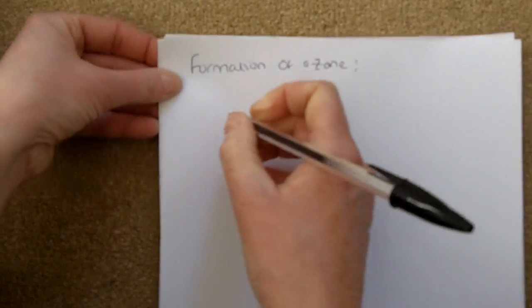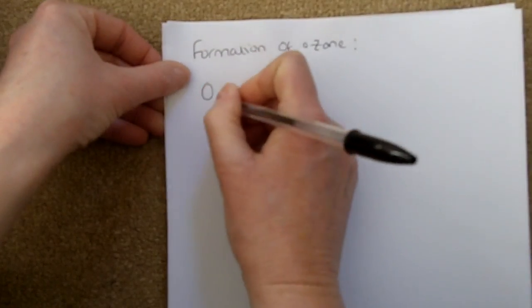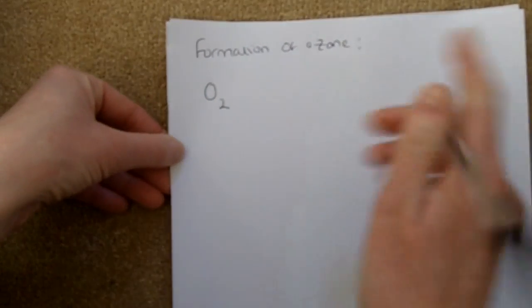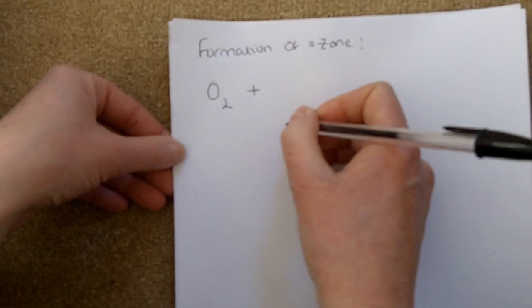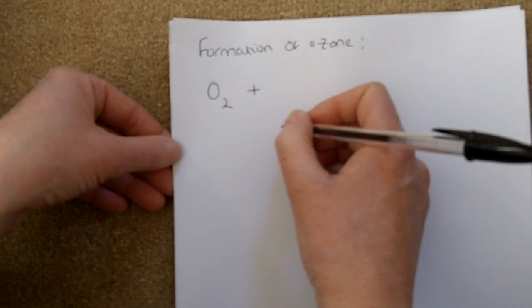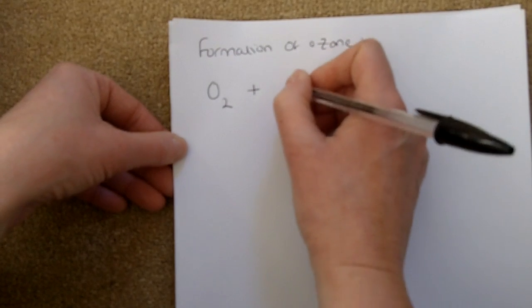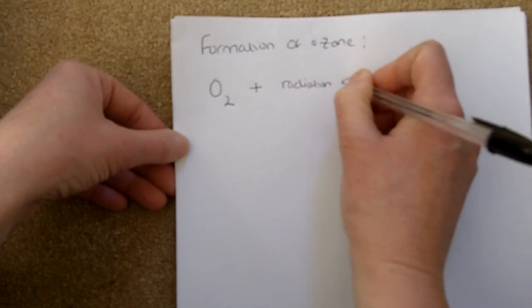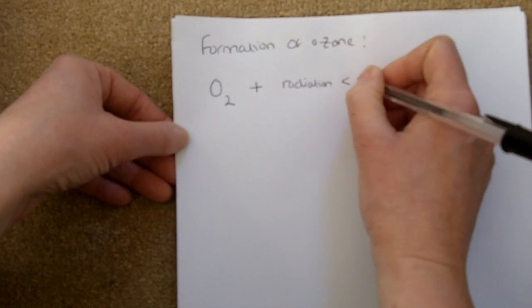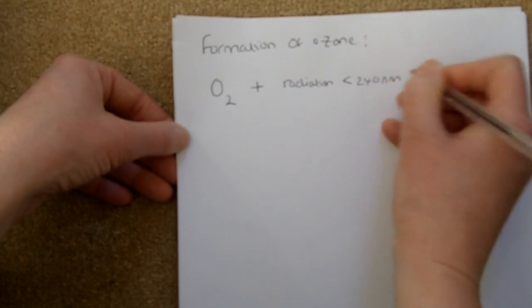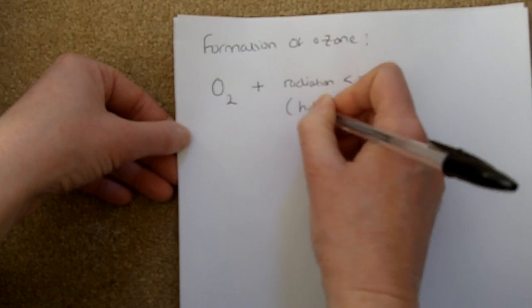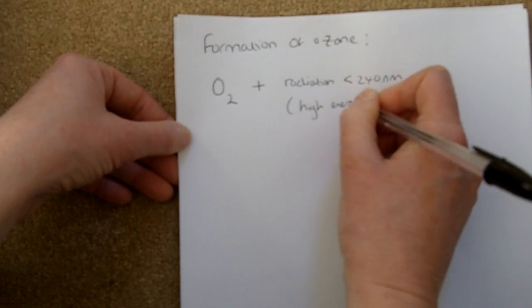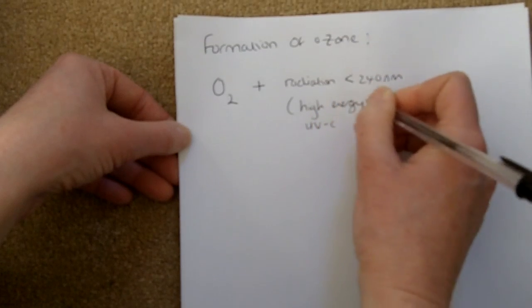Formation of ozone. First, the oxygen molecules in the atmosphere absorb the high energy UVC radiation, which is less than 240 nanometers. You don't need to remember the specific number, just that this is the high energy UVC.